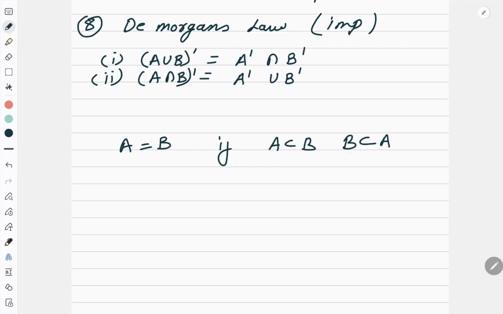And how to prove that A is a subset of B? What is the working procedure? Clear the flowchart in your brain. Take one element over here and prove that that element belongs to the other set. The moment you say that if you randomly take any element of this and it is coming in this, it means A is a subset of B.